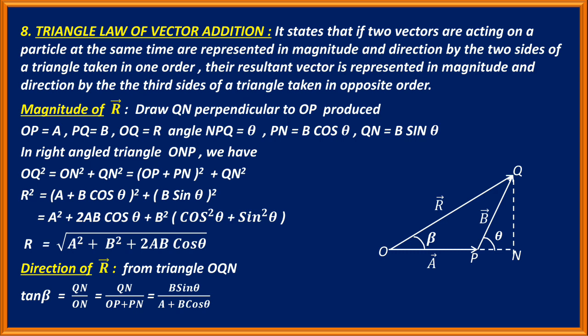In right angle triangle ONQ, by mistake I have written here ONP, must read ONQ. We have OQ square equal to ON square plus QN square.